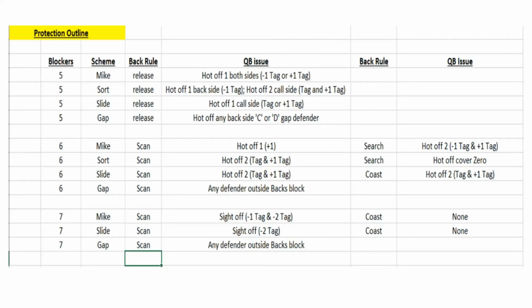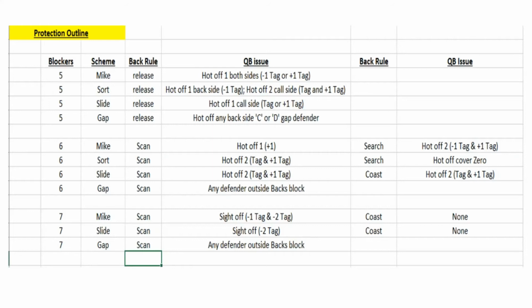If we've got a sort scheme and we're searching the back, then we're hot off cover 0, where it's a middle of the field empty, basically hot, which you don't see as much, which is why it's a better protection on 3rd down in terms of picking up things. Now, they can come up with blitzes that can get you. It doesn't always have to be 0, but that's a general rule.